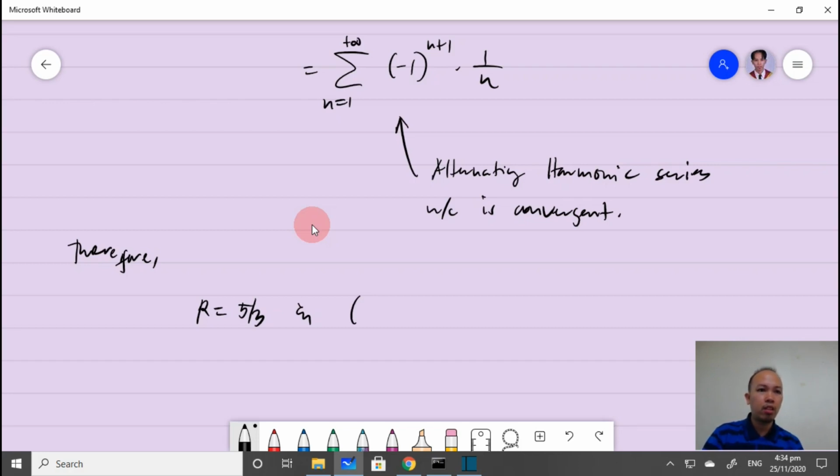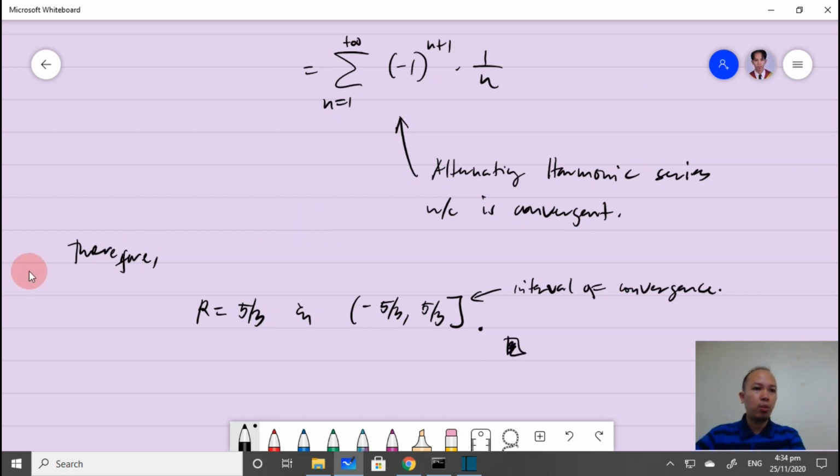Negative 5/3 is not included, but 5/3 is included. Okay, this is what we call the interval of convergence.